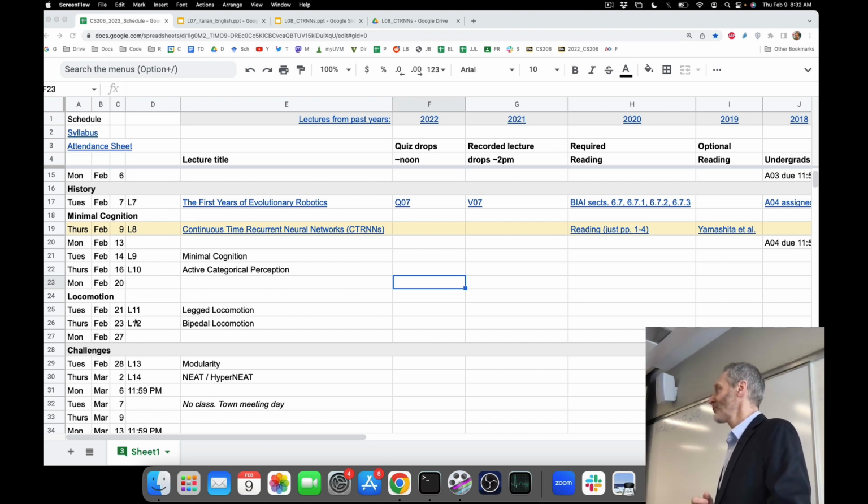One of the challenges for mobile robotics, as the name itself implies, is mobility, getting from point A to point B. Obviously, it's an easier thing to do if you have wheels rather than legs, but wheels have a bit of a disadvantage. What's the disadvantage of wheels? Why don't we just make all our robots out of wheels and be done with it? It limits the kinds of terrain they can traverse. Absolutely, right? So it's limited to certain kinds of terrains or environments.